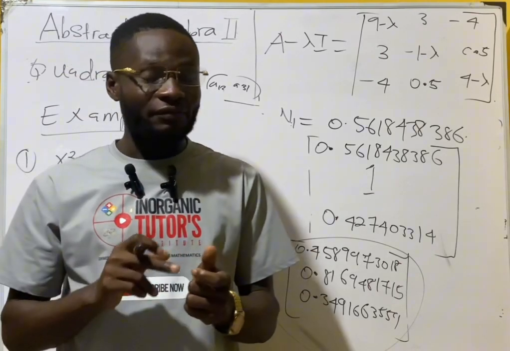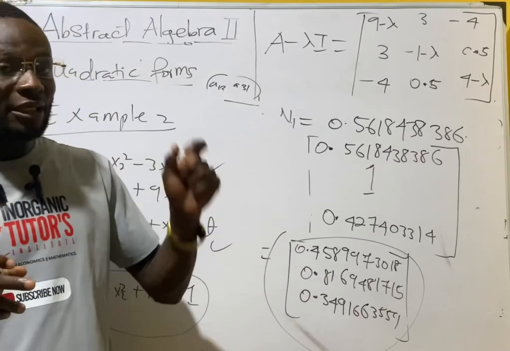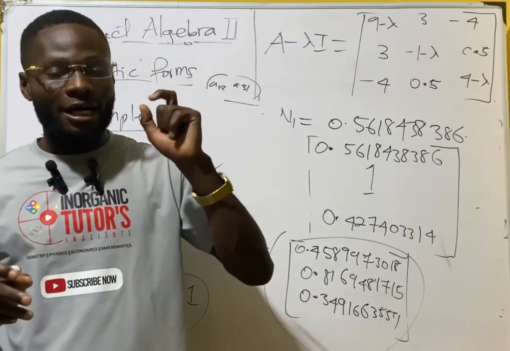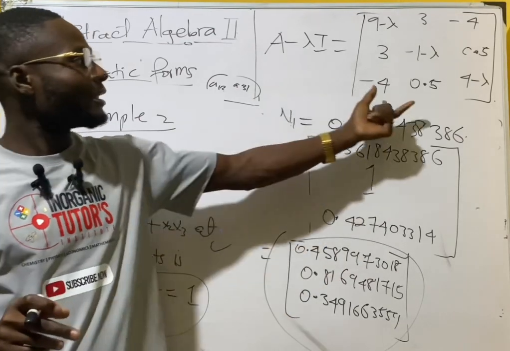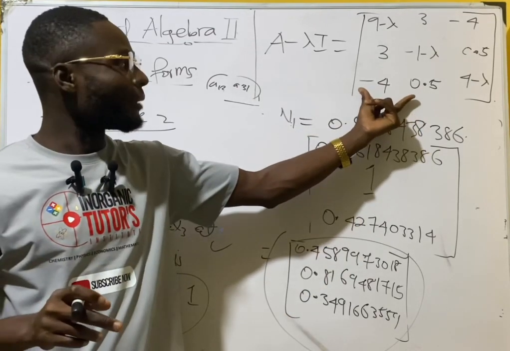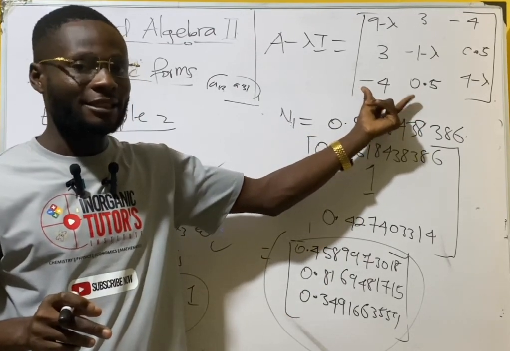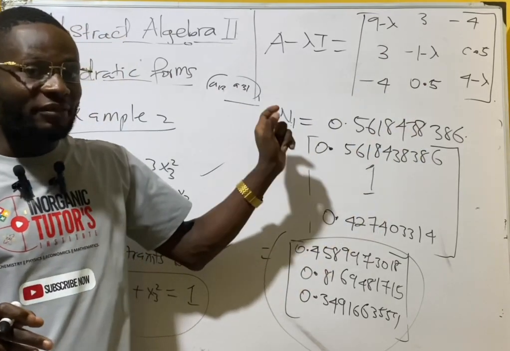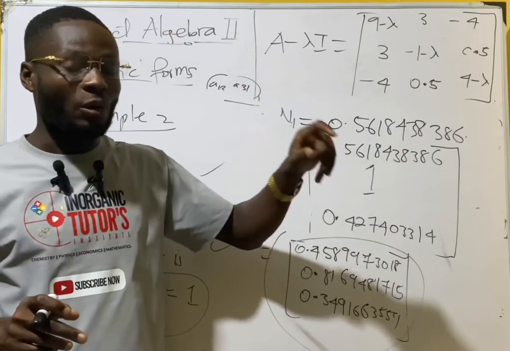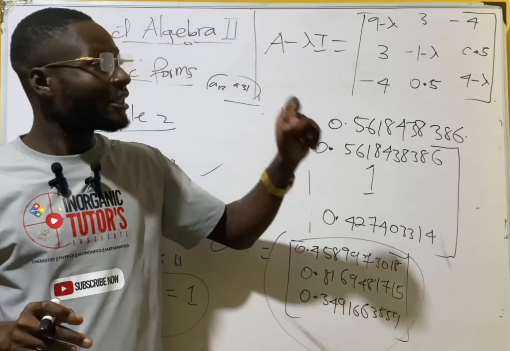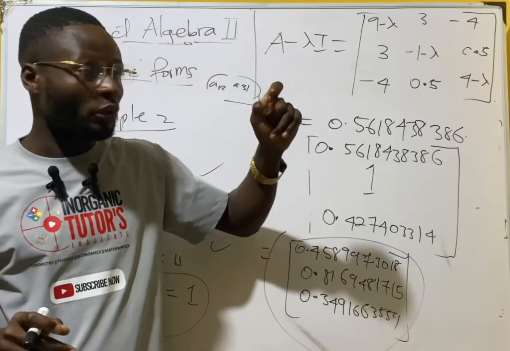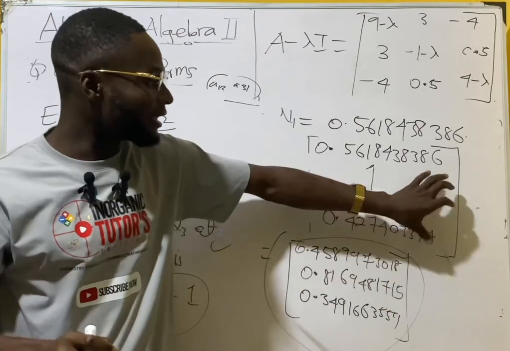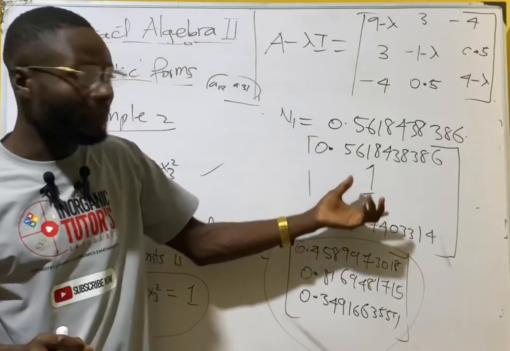Then put each eigenvalue into the simplified matrix, simplify it and find the eigenvector. Once you have the eigenvector, use it to find the magnitude.